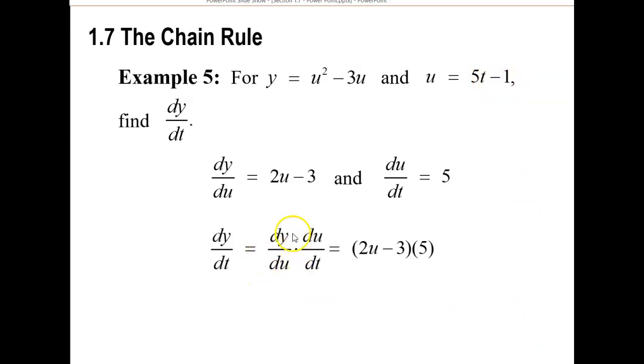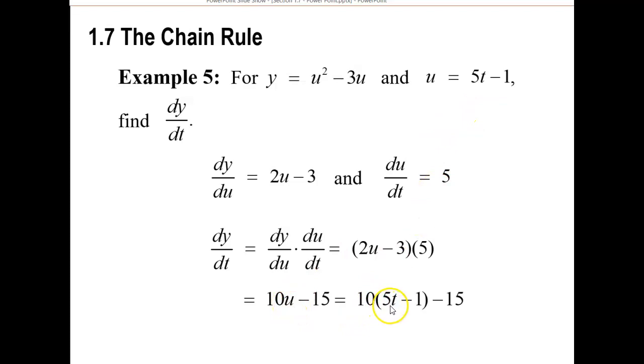So dy dt, we multiply dy du by du dt. So 2u minus 3 times 5, which would be 10u minus 15. They just plug in u. u was 5t minus 1.